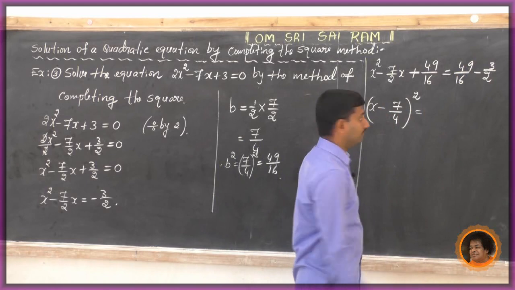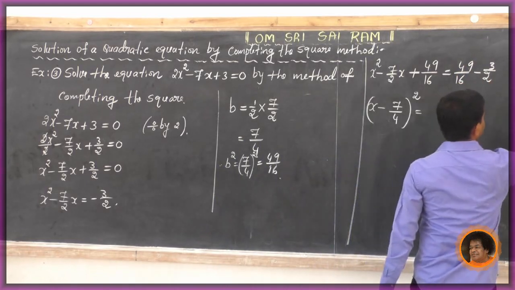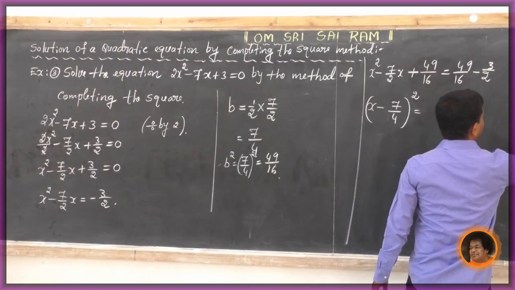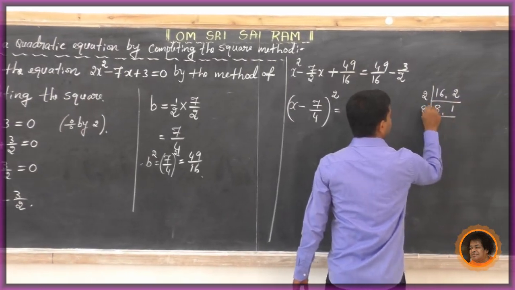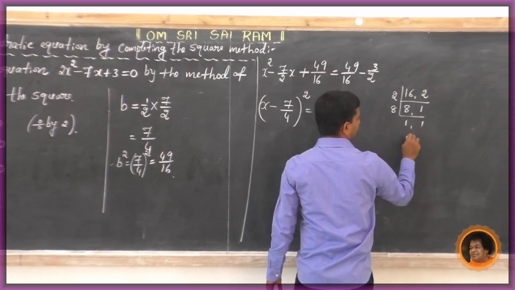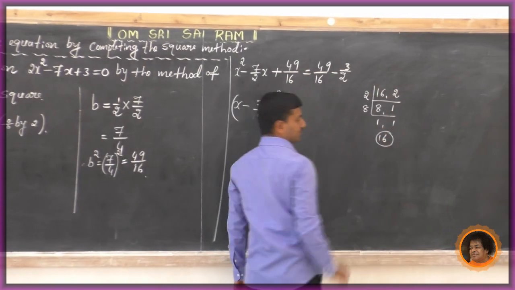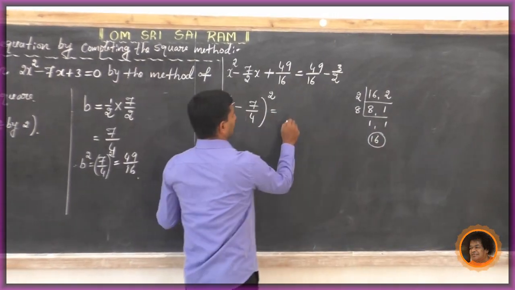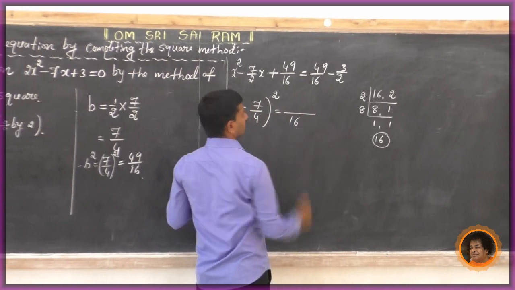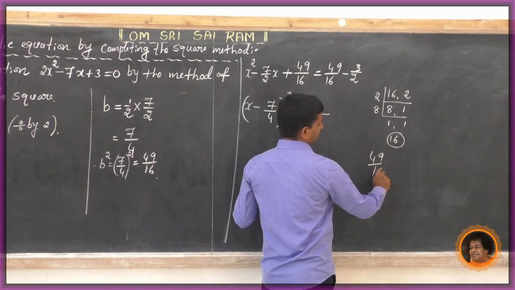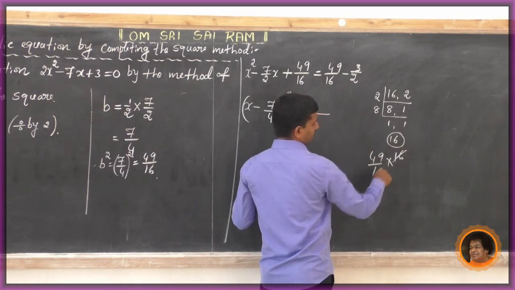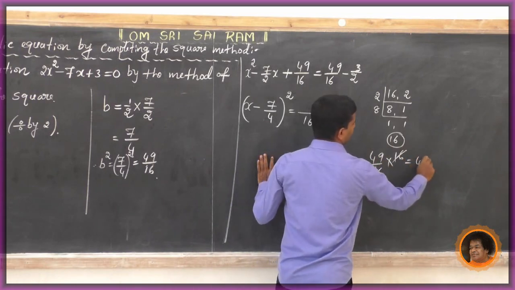So equal to 49 by 16 minus 3 by 2. What is the LCM of 3, 16 and 2? 2 8s are 16, so 16 is the LCM. Now what about the numerator? 49 by 16 multiplied by the LCM, 16 16 cancel, equal to 49.